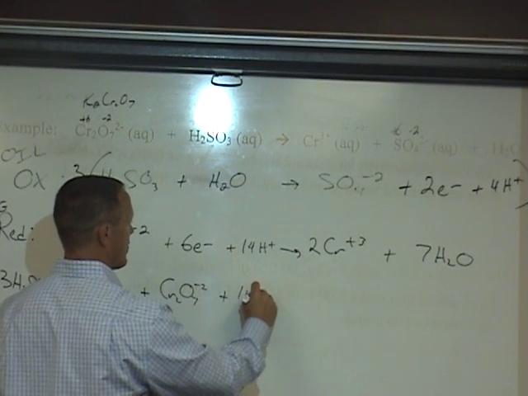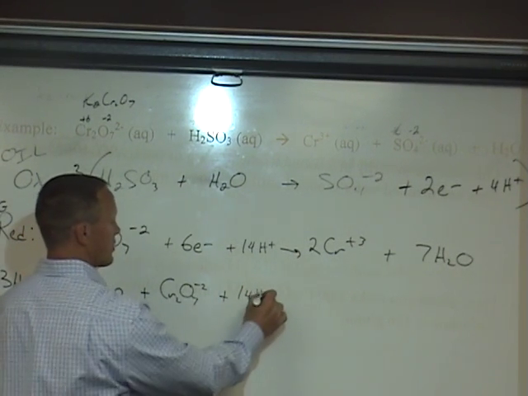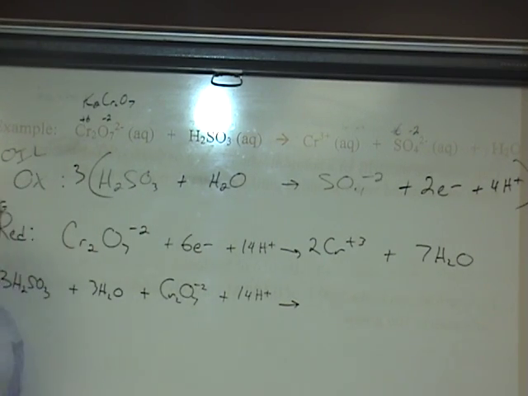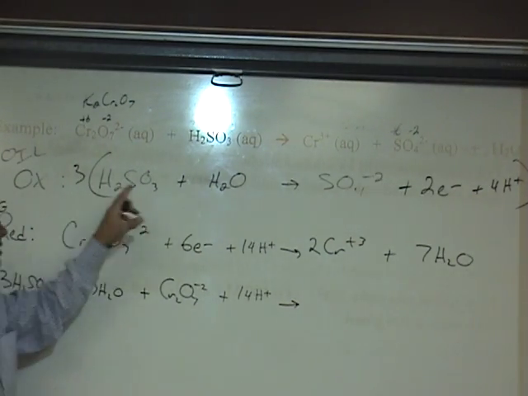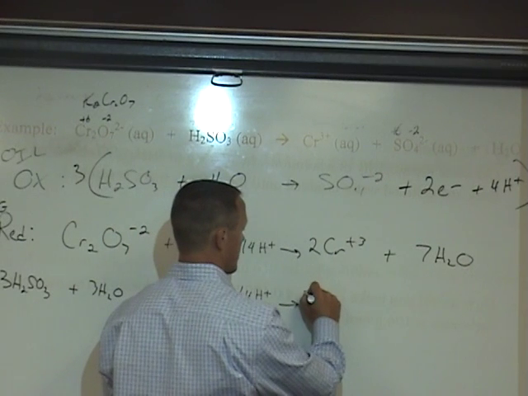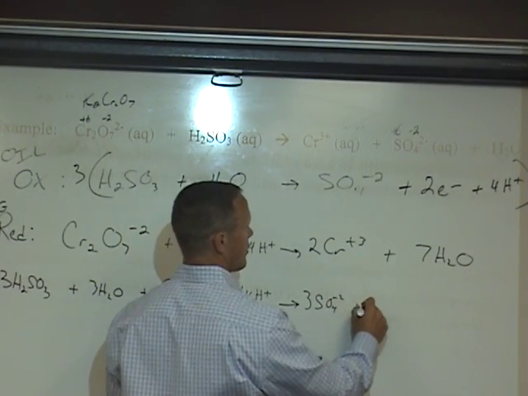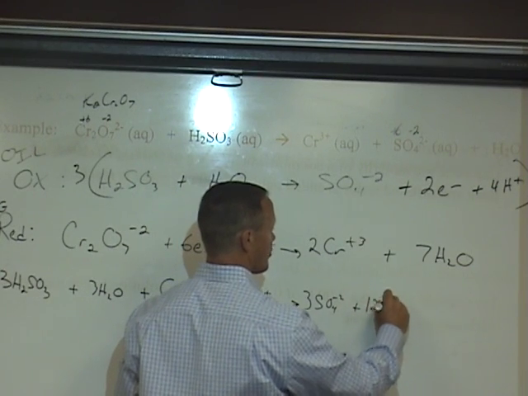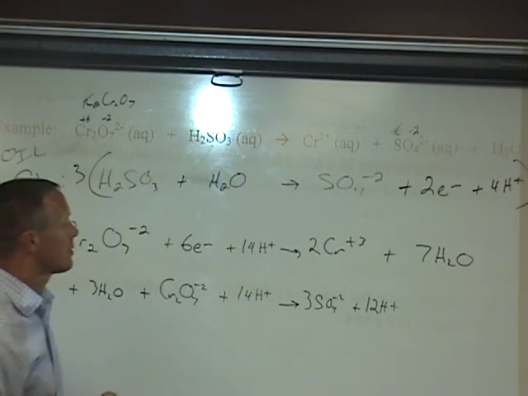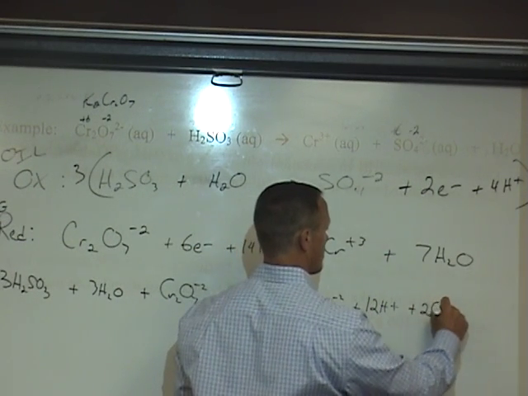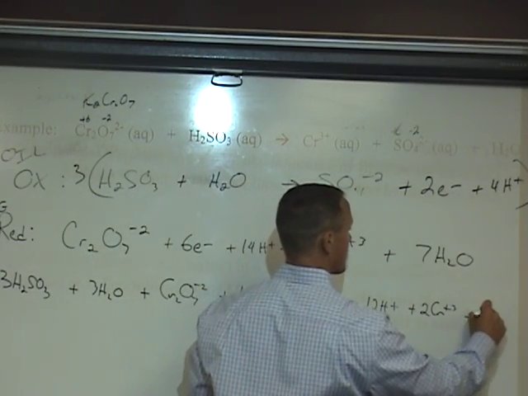Plus 14 hydrogens. There's all the reactants. Products, you got 3 sulfate ions plus 12 hydrogen ions plus your 2 chromiums plus 7 waters.